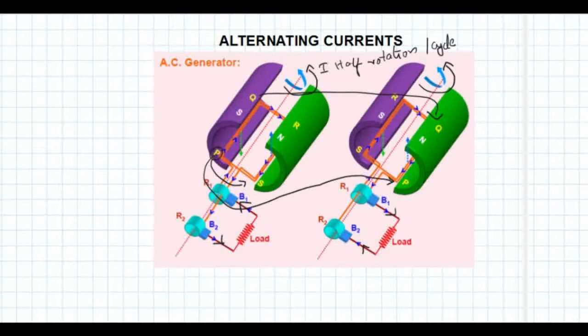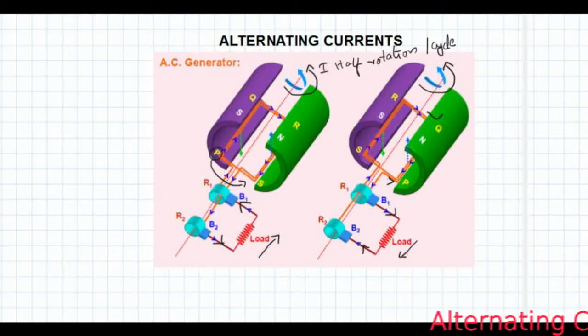And you can see that now the flow of current is from B1 to B2, right? So the direction of the current changes. The direction of the electron flow will reverse, right? As we have seen in the previous video, the electrons flowing through the bulb reverse direction.